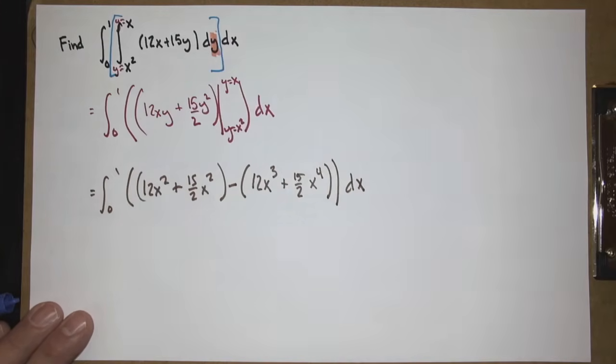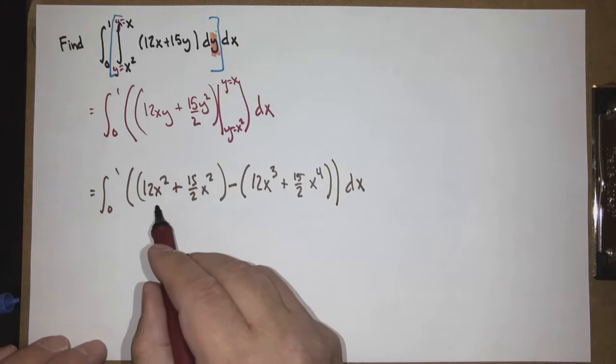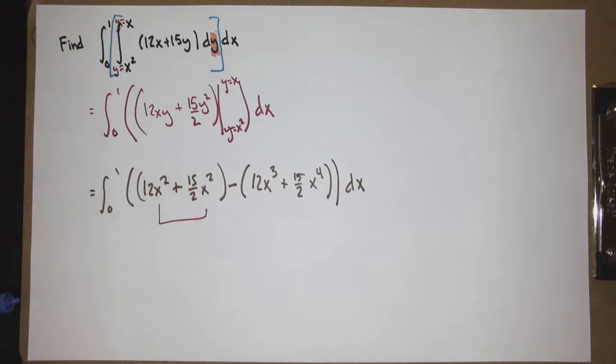Now, we are allowed to simplify. And generally, if you remember our conversation from before, you should simplify if it helps you. And if you're about to do an integral, simplifying will help you. Is there anything that will simplify? Well, these x squared terms should combine, right? Because they're both x squared.